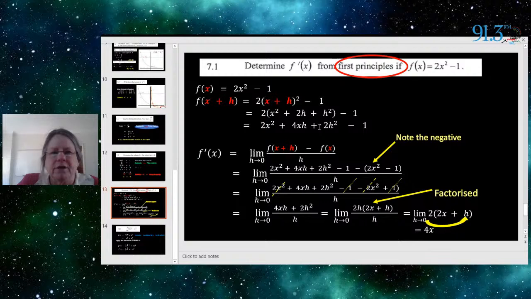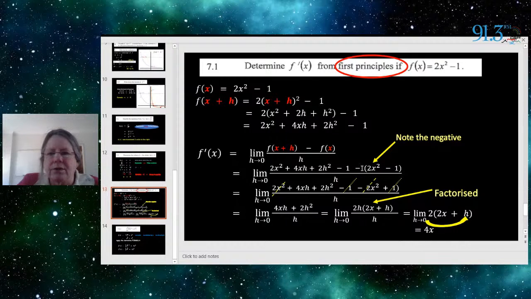So now we fill this into the equation. So limit, here's your equation. We rewrite limit h strives to be 0. And this f(x plus h), we replace with what we calculated here. Minus, that minus over there, minus f(x), which happened to be 2x squared minus 1.